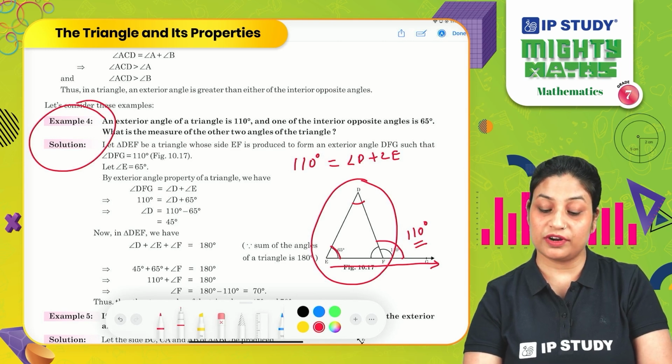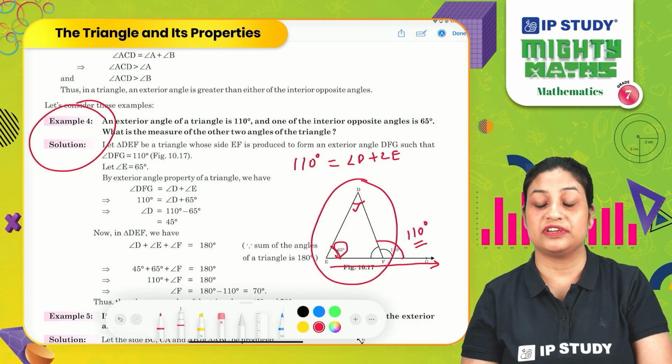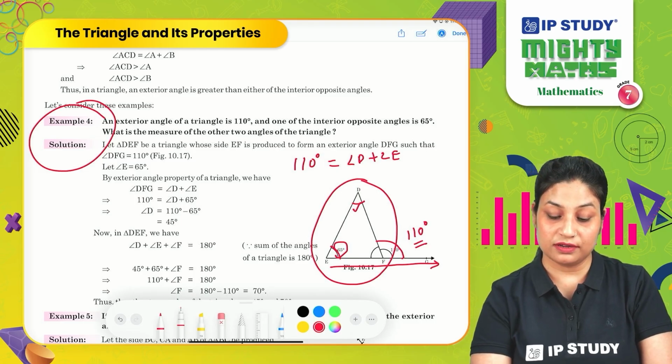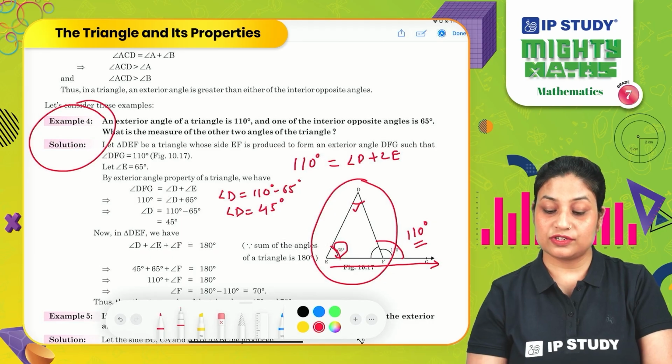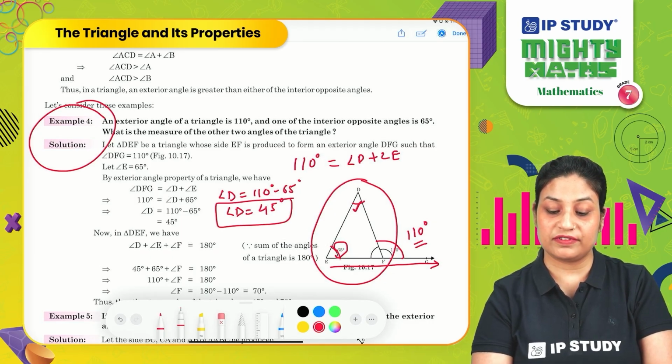What is the unknown quantity? Angle D, because it is given that angle E is 65 degrees. So angle D will be 110 degrees minus 65 degrees. When you solve it, you get 45 degrees.